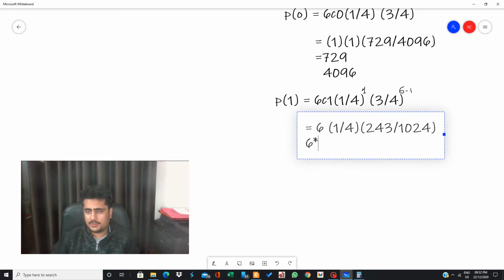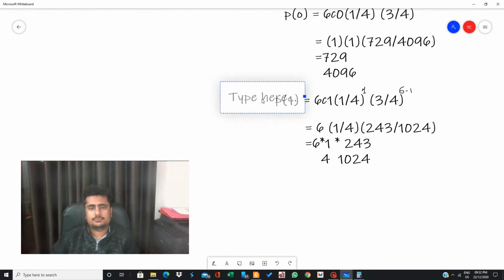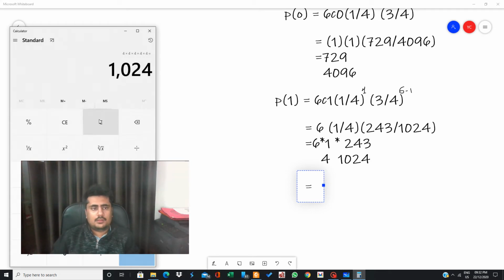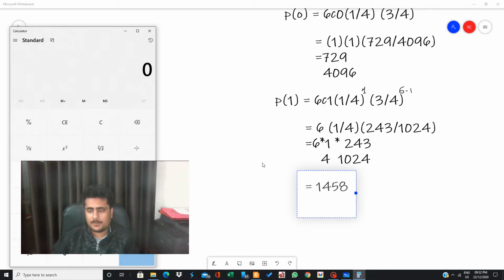Now this is 6 into 1/4 into 243 divided by 1024. So this is basically 6 into 243, which is 1458, divided by 4 into 1024, which is 4096.